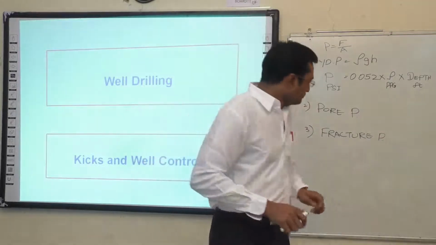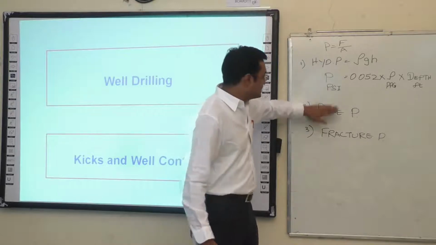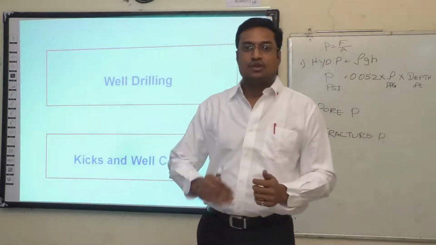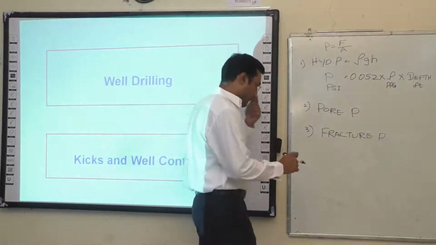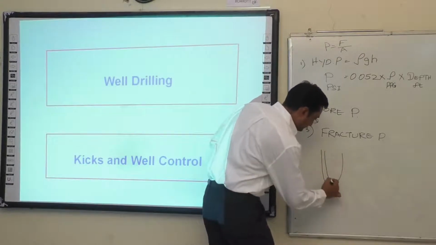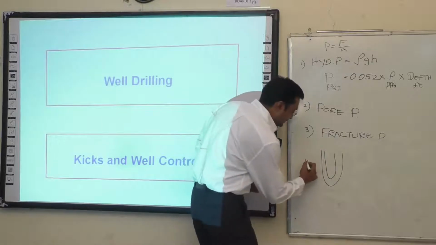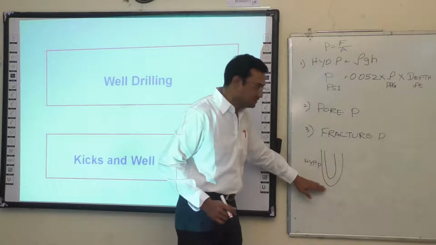First, if the hydrostatic pressure is more than the pore pressure, that is called overbalance condition. So if you consider a U-tube, we consider this as the hydrostatic pressure of the drilling fluids.